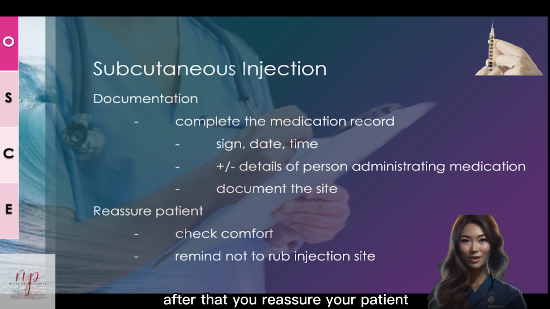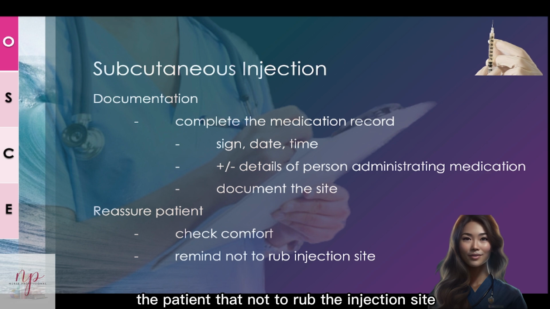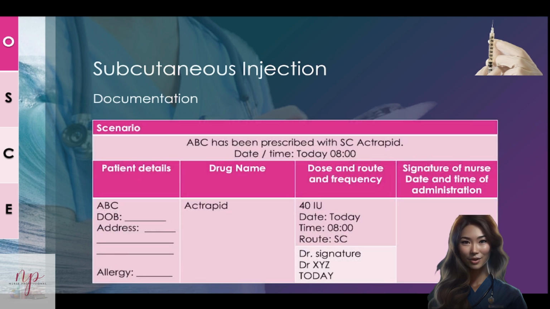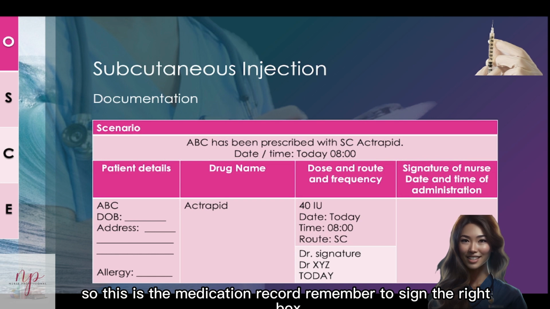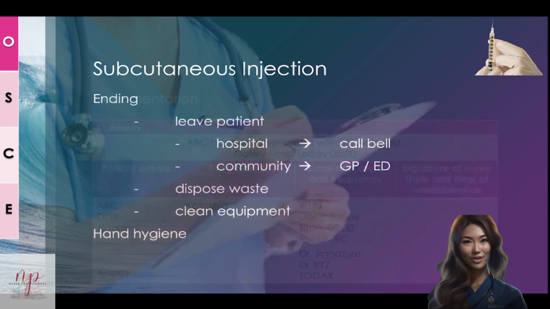After that, you reassure your patient and ensure the patient is comfortable after the procedure. And you need to remind the patient not to rub the injection site. So this is the medication record. Remember to sign the right box.